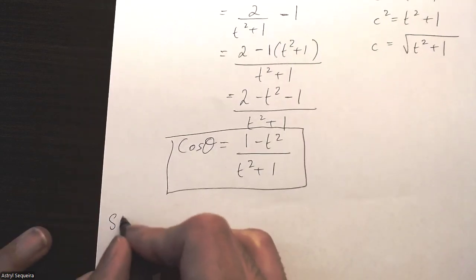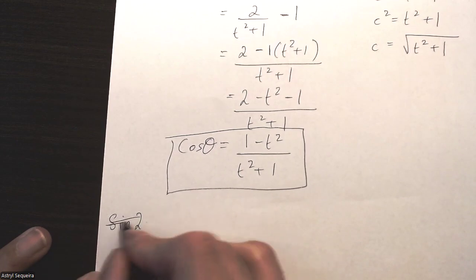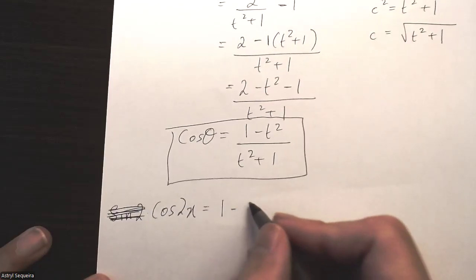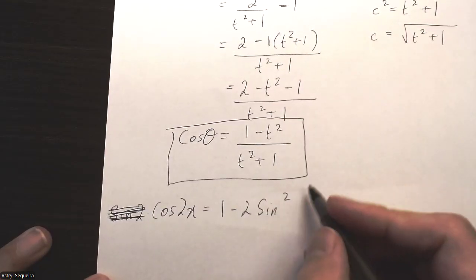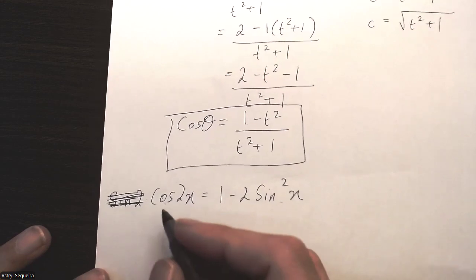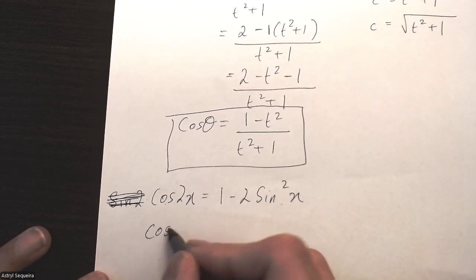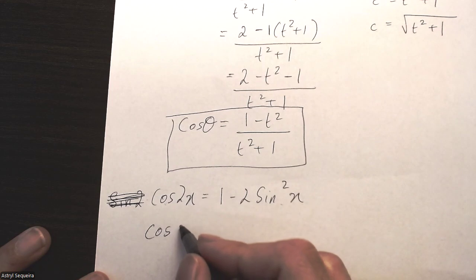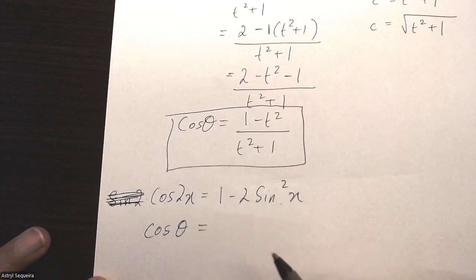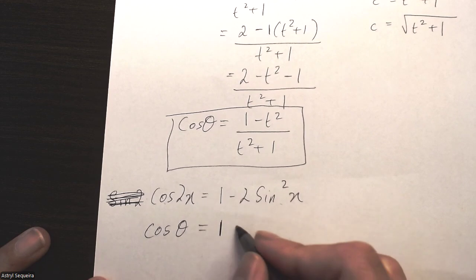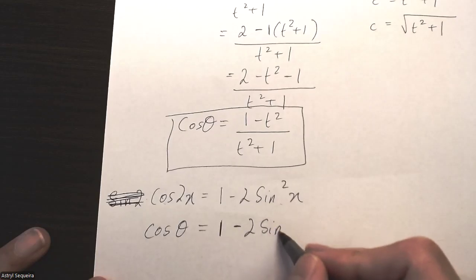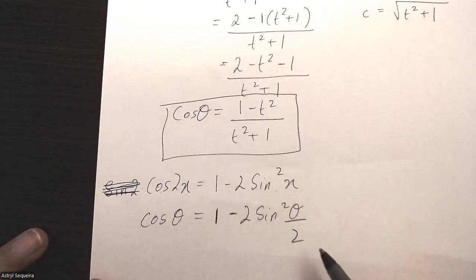We know that cos 2x equals 1 minus 2 sine squared x. I'm going to use this identity for sine because I have 1 sine, 1 cos, which means that cos theta equals 1 minus 2 sine squared theta over 2.